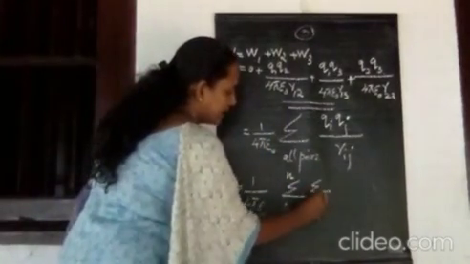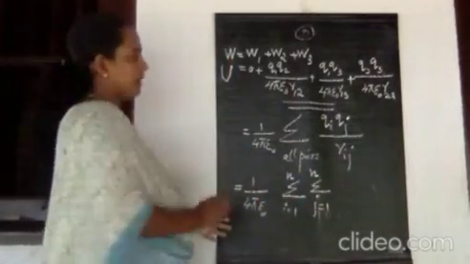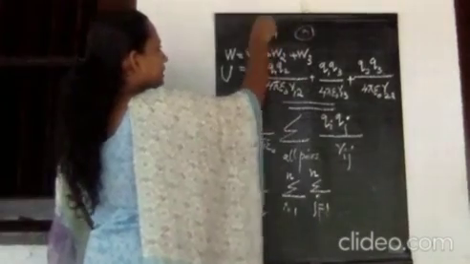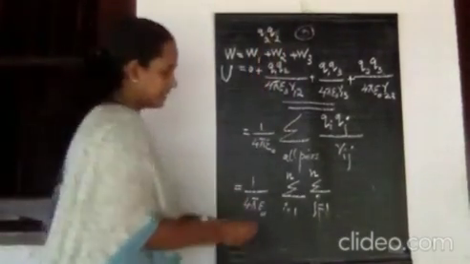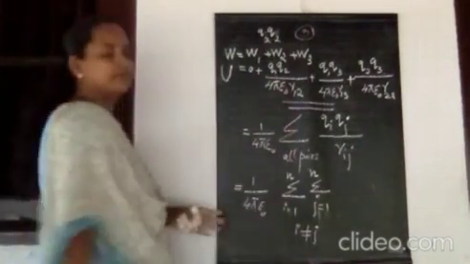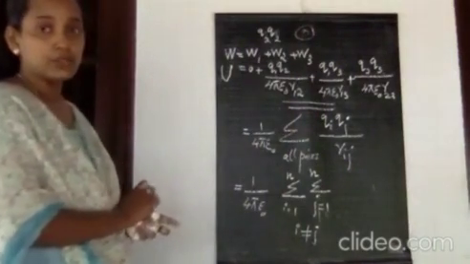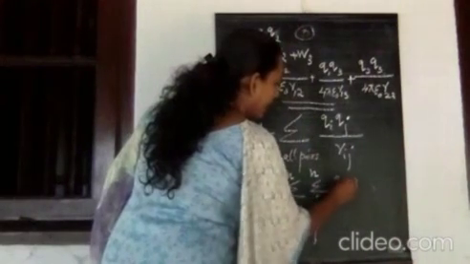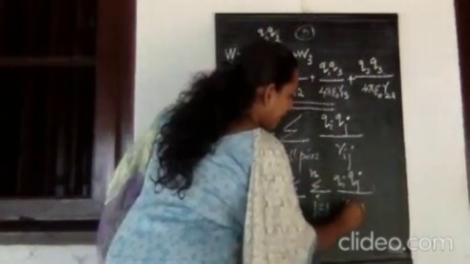Sigma j, it is varying from 1 to n. But here there is no term like Q1, Q1 or Q2, Q2. Am I right? That means you can write the special condition i not equal to j. Is it okay? i not equal to j. Then Qi, Qj divided by Rij.